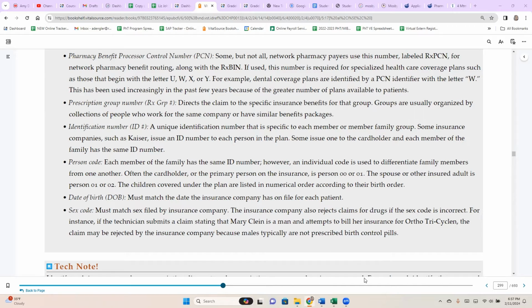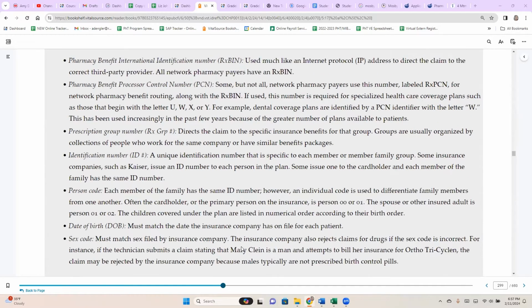The date of birth must match what the insurance company has on file for a patient. And you would think, yeah, that's obvious. However, after working in the pharmacy industry for many years, I realized that there are so many times where the insurance company has the wrong birthday. Super interesting. Something I never thought would still be a thing, but apparently it is.